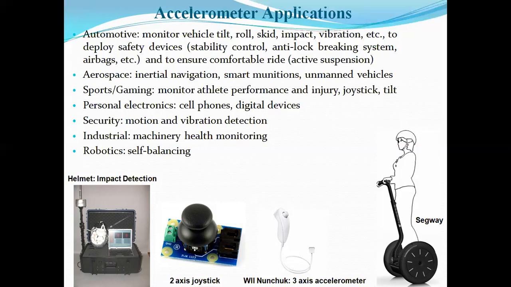These are also used in aerospace conditions, usually for internal navigation, smart munitions, and unmanned vehicles. They are also applied in sports and gaming, personal electronics, and security conditions where motion and vibration detection take place, and on an industrial basis, mostly in robotic devices.